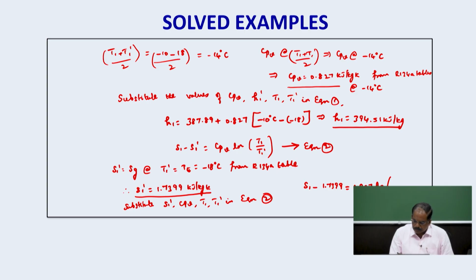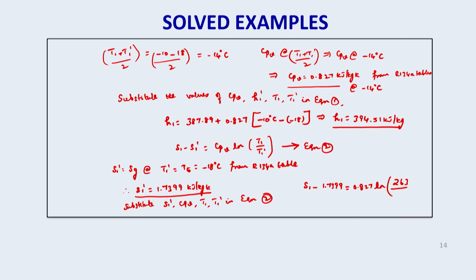So T1 is minus 10, so that is 263, divided by T2, let me write it first, minus 10 plus 273, divided by minus 18 plus 273.